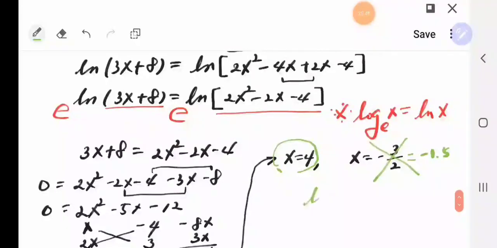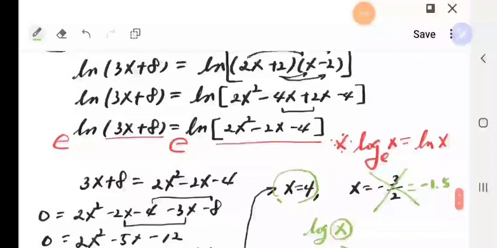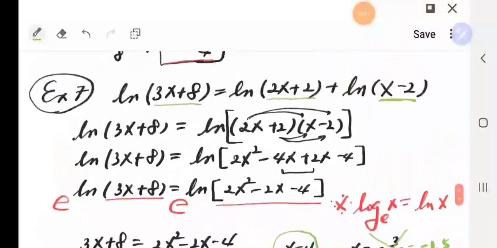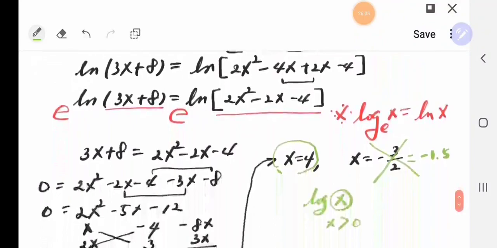Because, let me mention it again, for the logarithm of x, the condition is always that x has to be greater than 0. Since if x equals negative 3/2, this x minus 2 becomes negative, so we cannot allow this value. So the only answer, the solution, is x equals 4.